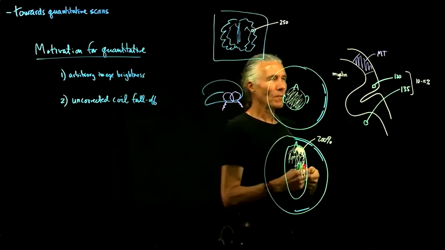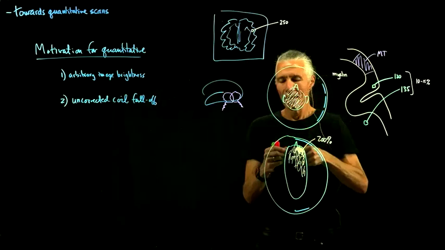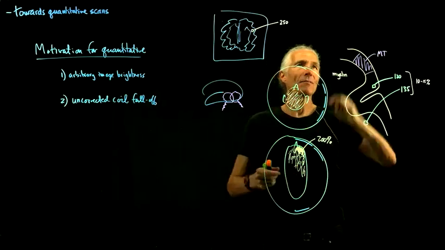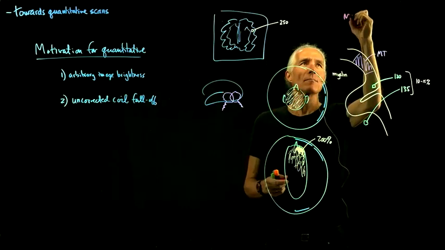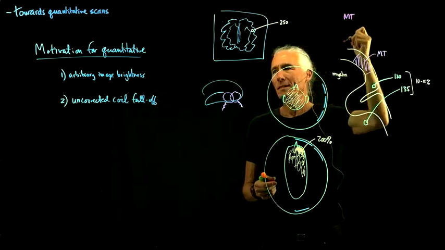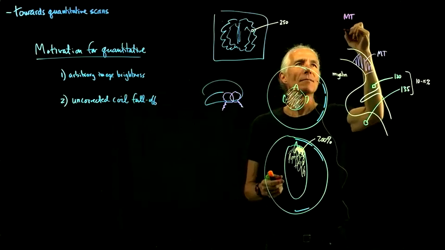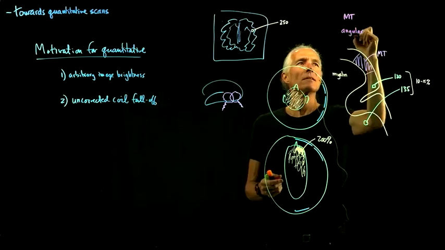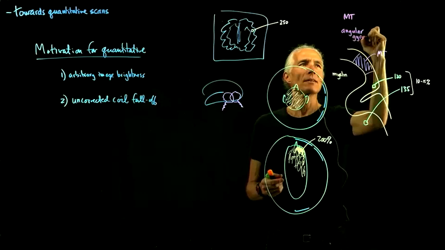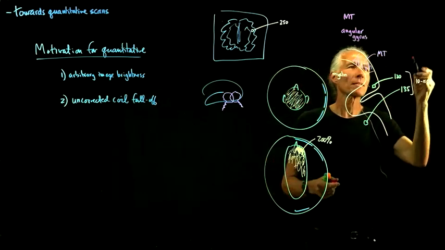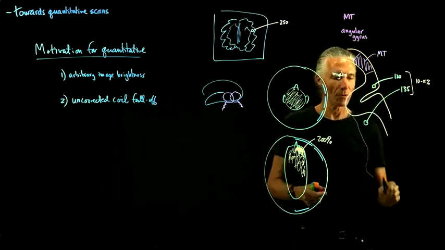So what are some of the kinds of differences we're looking at? Well, MT is one of the most myelinated areas in the entire cortex. And if you look at another area, the angular gyrus, that's a very generic area. Where are those things?